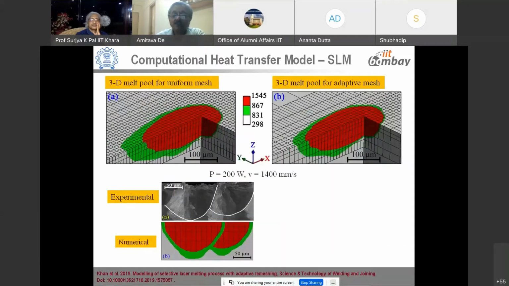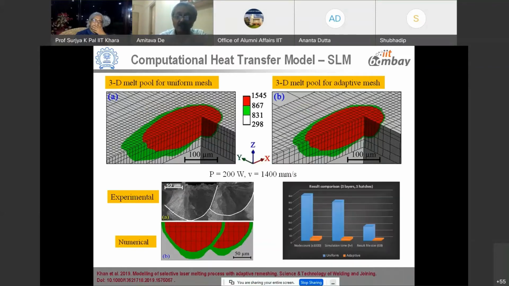Now, it is observed that if we can effectively create such models with this kind of strategy to control the size, so that even with a large number of layers and tracks the size of the model does not increase, because we have a dynamic mesh which will only move, and a new mesh won't be created, this immediately solves a lot of problems, as seen here.